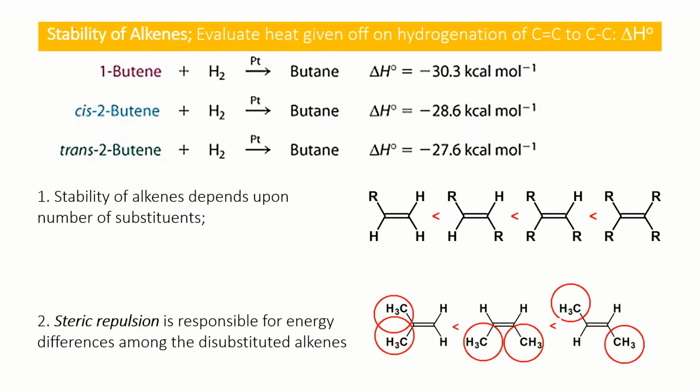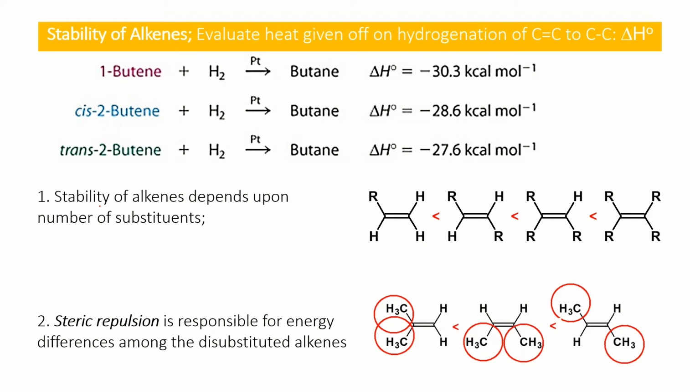Stability of alkenes can be evaluated by the heat given off on hydrogenation to give the alkane. So here we have a series of butenes that are hydrogenated in the presence of platinum to give butane. The higher the energy of the compound, the more unstable it is.